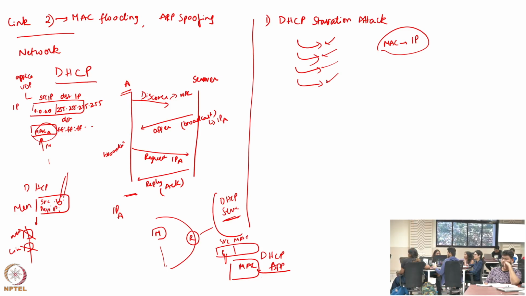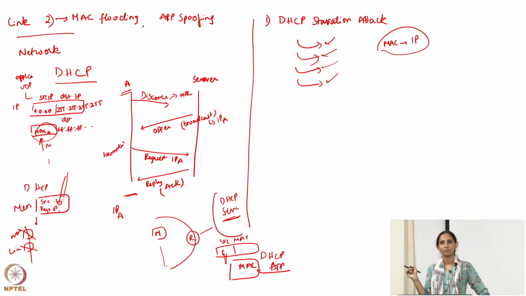In the payload that it is generating, within that it will keep changing the MAC address. Many MAC addresses it will change. Okay, so basically what it is doing is it will generate one DHCP payload where it will specify MAC address is A. Then another DHCP payload it will generate, within that it says MAC address is B, whatever it is.